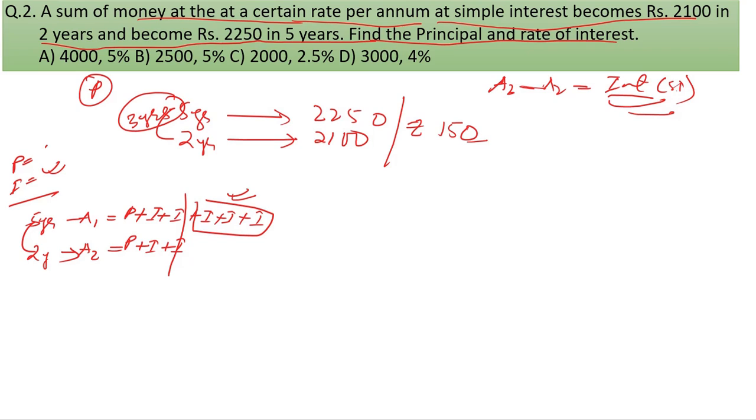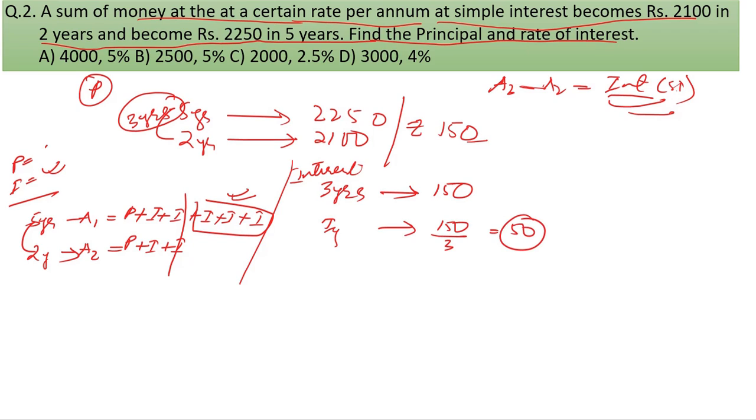So here, guys, for 3 years we have rupees 150 as interest. So what about for 1 year? For 1 year we have 150 divided by 3 equal to rupees 50. So for 2 years we will have 50 into 2 equal to rupees 100.